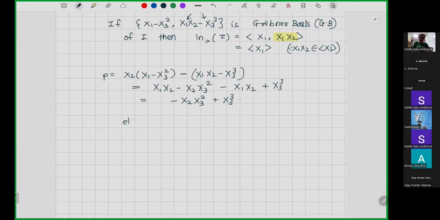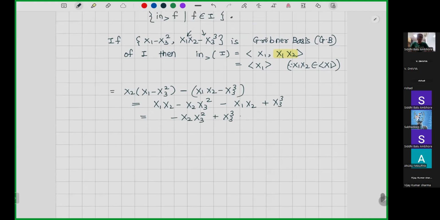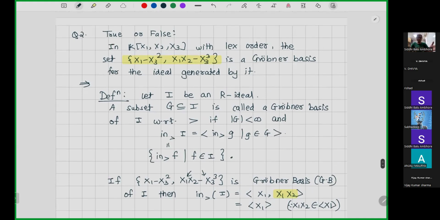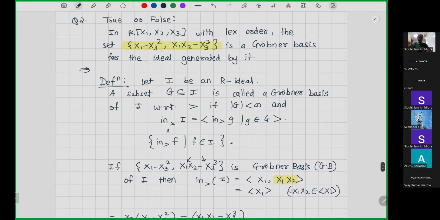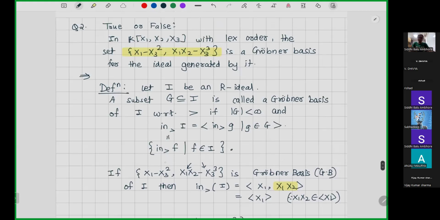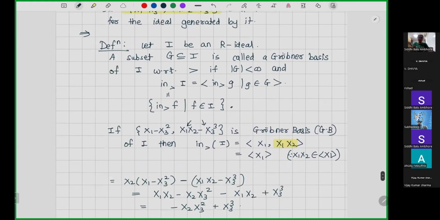Why did I do this step? My aim was, we have these two elements, and in these two terms, x1 is smallest and x1 x2 is largest.